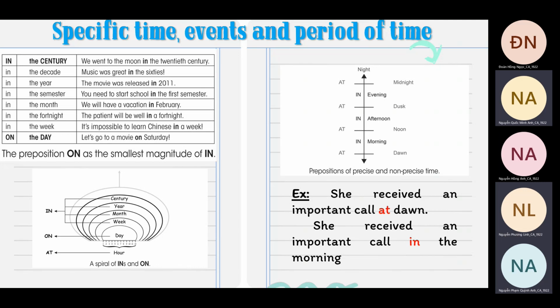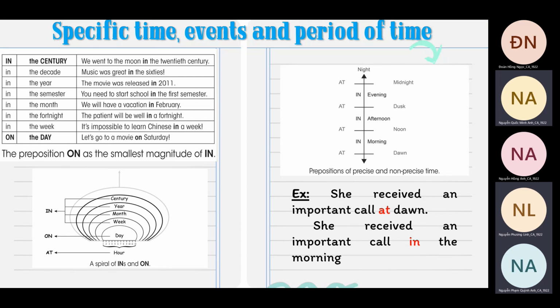So, having seen earlier why in and on function at calendar level, and at indicates precise time or events of a day, the preposition in also indicates periods of time as the diagram demonstrates.